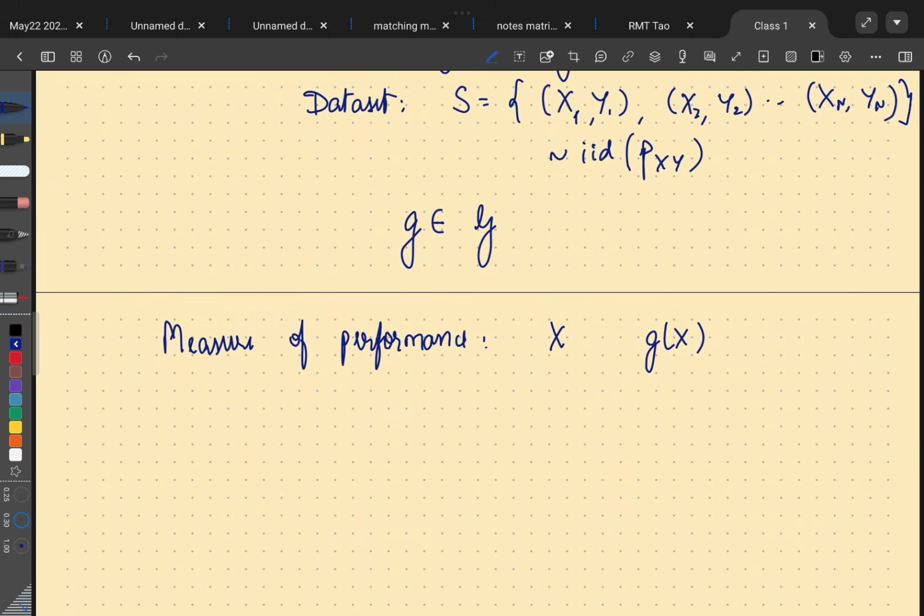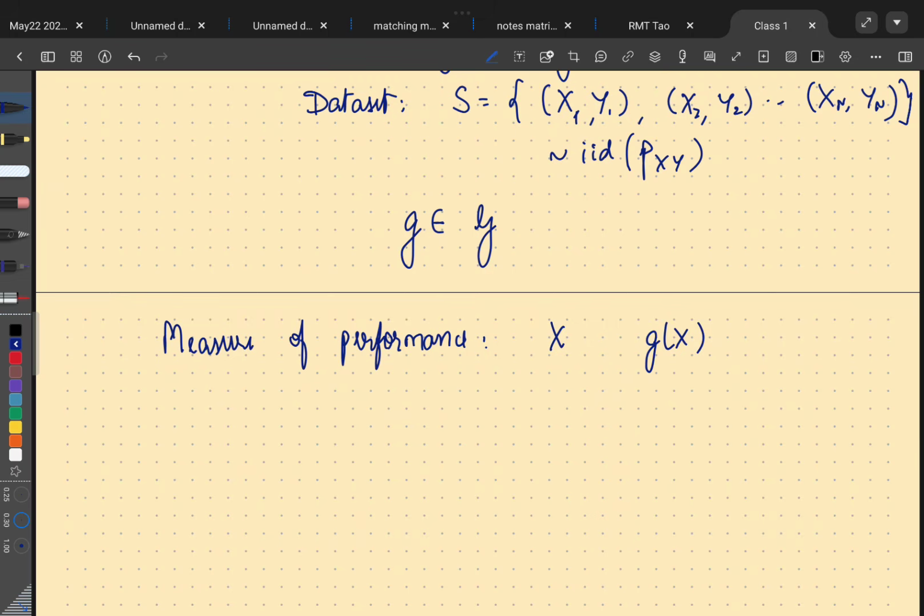So specific to this classification problem, what do you think is one way of measuring the performance of a classifier? Binary classifier. Okay, something a lot more simple. Accuracy, and how do you define the accuracy? There's only one sample.